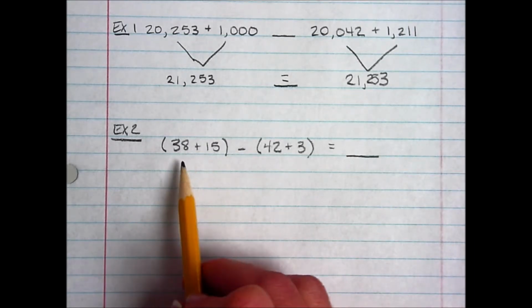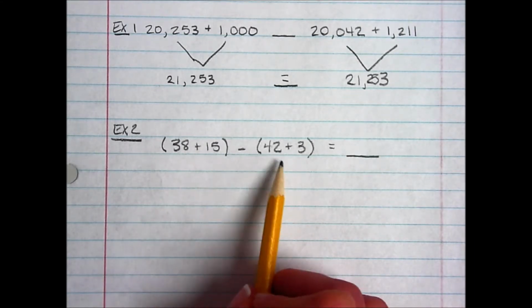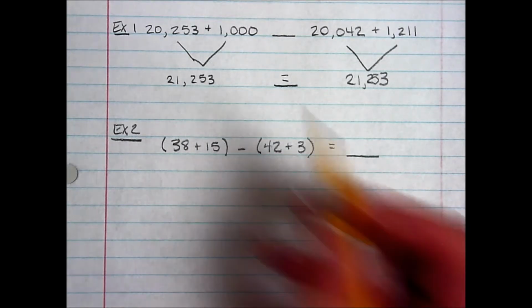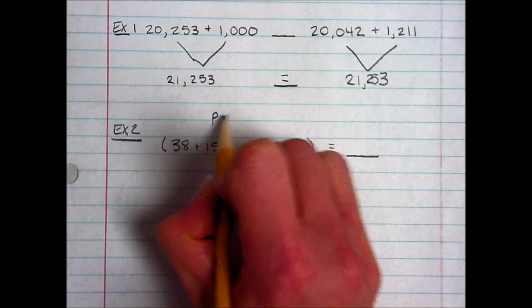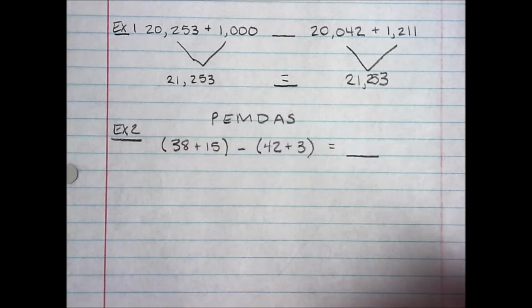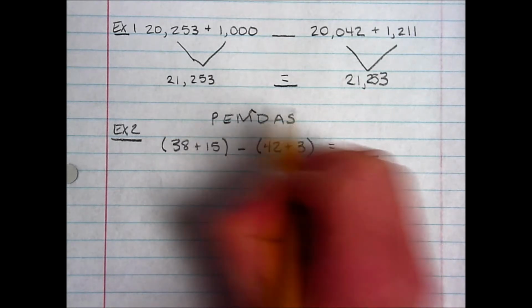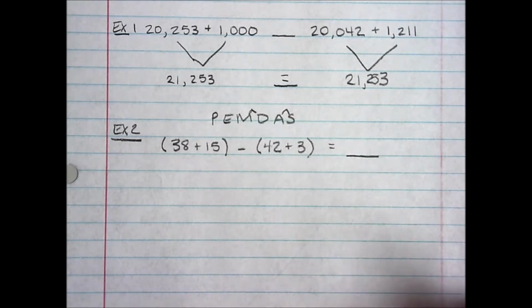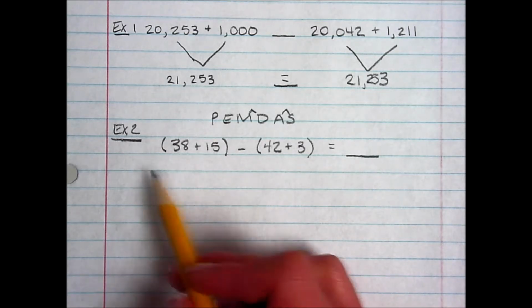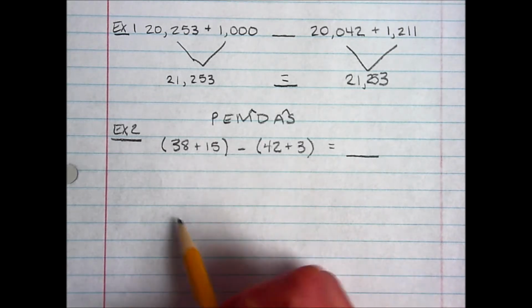Okay, so when we have multiple operations, we know we need to start with our parentheses. If you need to, you can write down the little acronym, please excuse my dear Aunt Sally. And remember that multiply and divide and add and subtract are together, whichever comes first in order from left to right. But we don't have that problem because we just have two sets of parentheses.